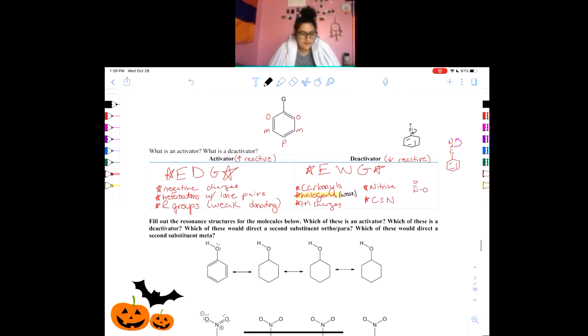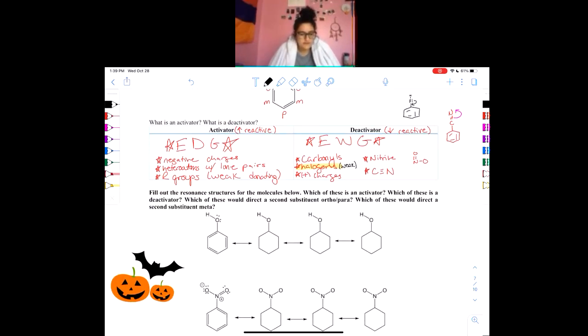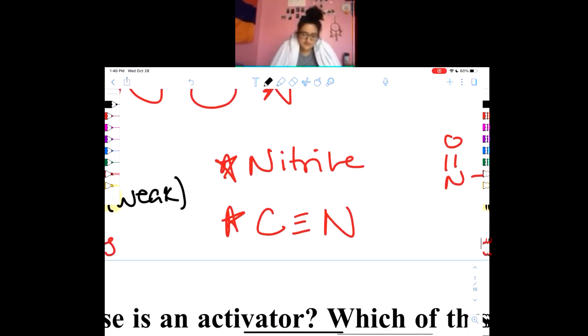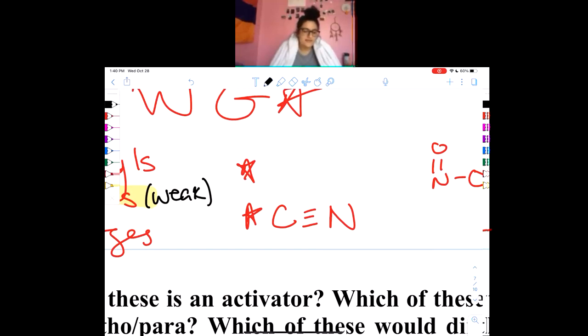Okay, I'm sorry. I had to look this up just to make sure I wasn't crazy, and I definitely was. That's not a nitrile group. The nitrile has a CN with a triple bond. So we're just going to call that a nitro group. That's completely my bad.